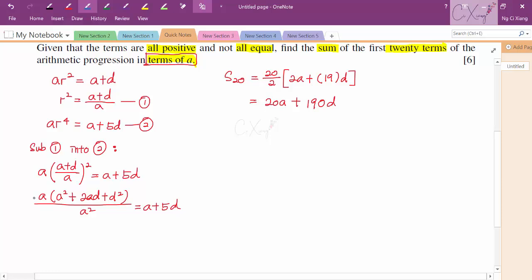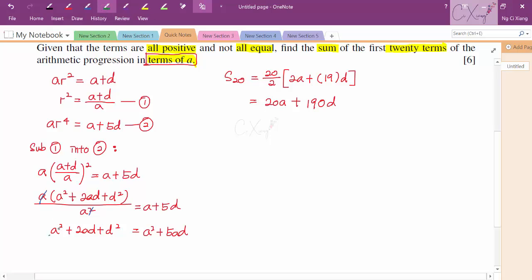To have D in terms of A, I need to simplify it first. For the left hand side I have this, and for the right hand side I have A squared plus 5AD. Then I further simplify it.